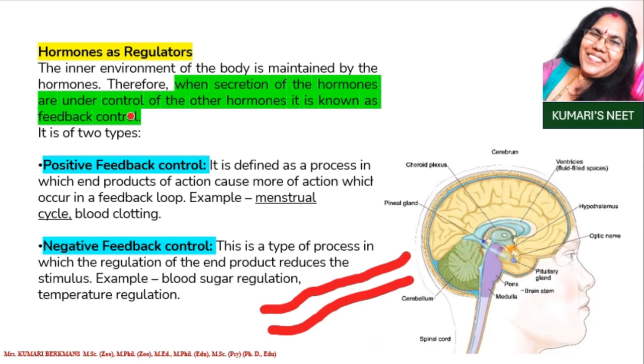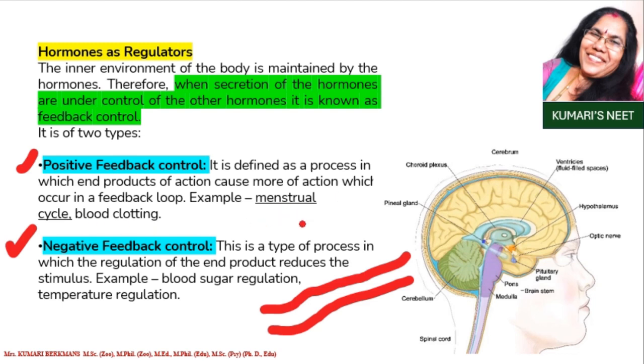See, hormone is a regulator, in the sense that it regulates different body functions, in two ways: one positive and one negative. Positive, for example, is the menstrual cycle as well as blood clotting.